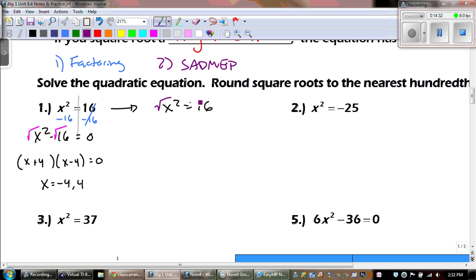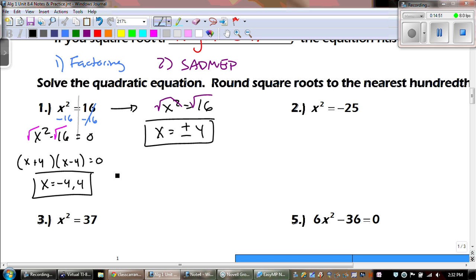So to get rid of the square, I'm going to take the square root. Those cancel. It's a positive 16, which means I'm going to have two solutions, and that would be plus and minus 4. The nice thing, we got the same answer, guys.